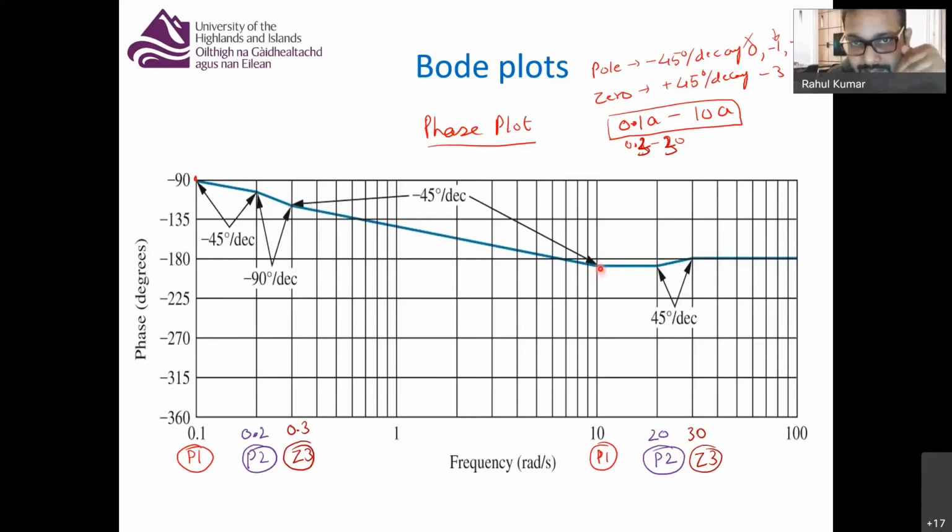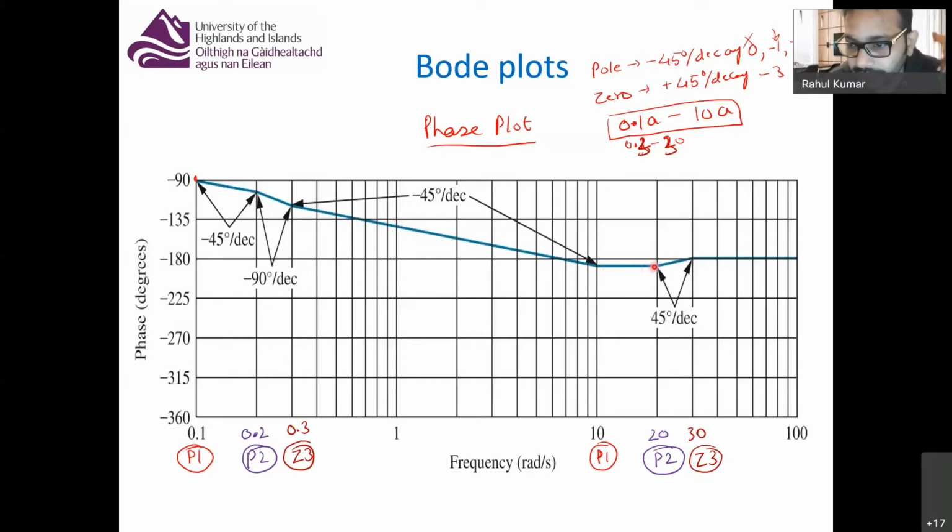So if the effect is ending, the slope will now increase. Now my previous slope is minus 45. So after 10, it is increasing by plus 45, as the effect of the pole is ending. So altogether it will be 0. The slope along here will be 0.